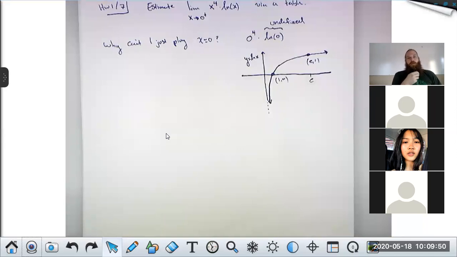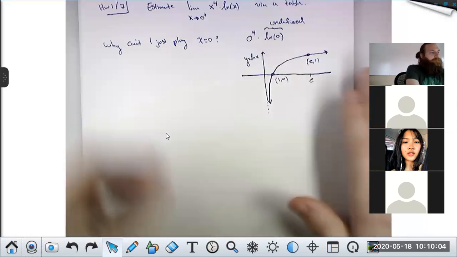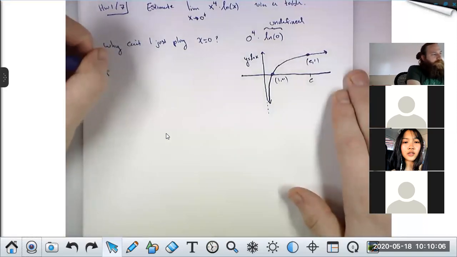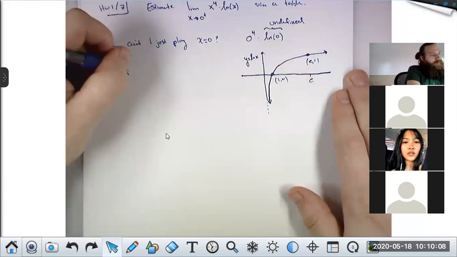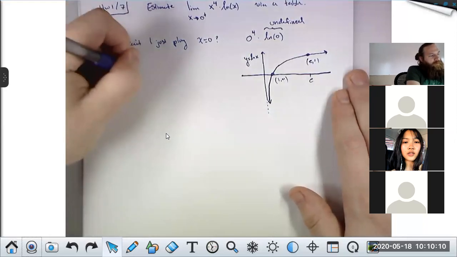So it's the natural log piece here that is causing us trouble, right? As x goes to 0, this looks like 0 to the 4 times negative infinity, which is definitely not well defined. So a table of values is going to be the way to go. And I'll attack it the same way we did the last one.